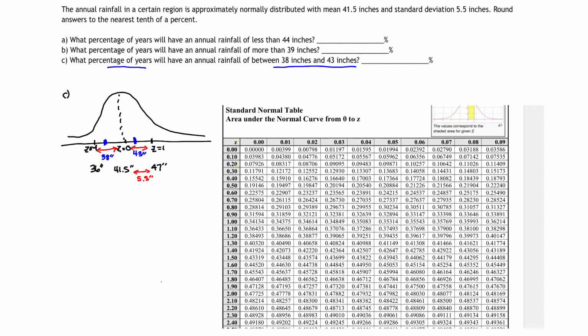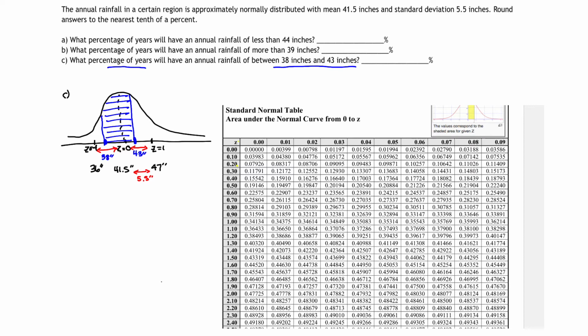What I'm looking for is the percentage of years that falls in that band. In other words, I'm looking for the area under the curve between 38 inches and 43 inches.